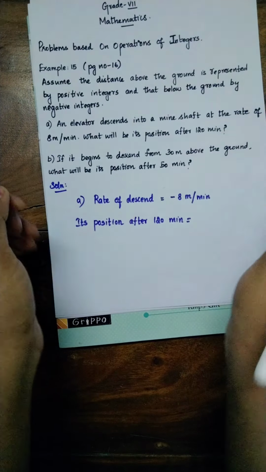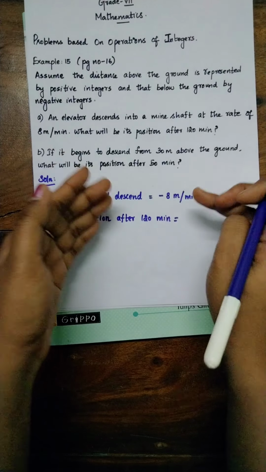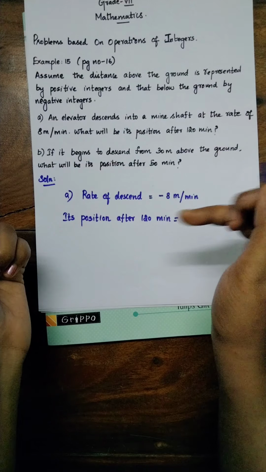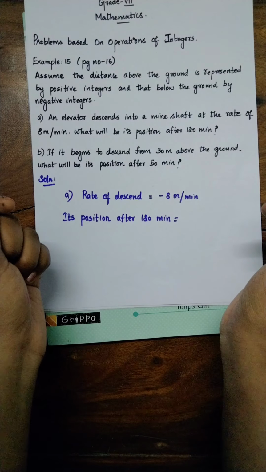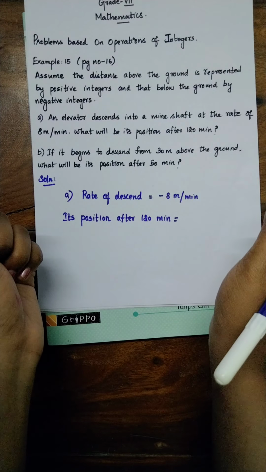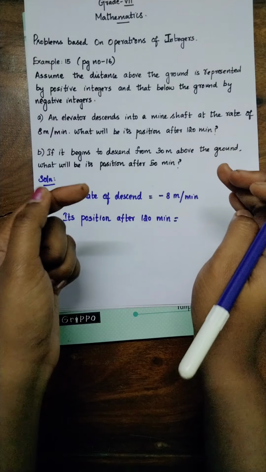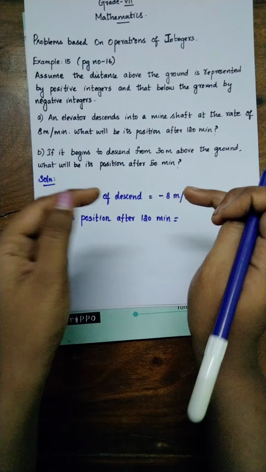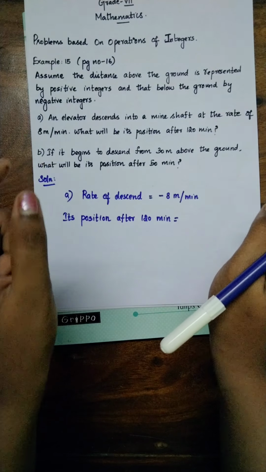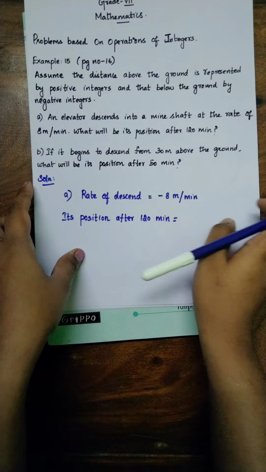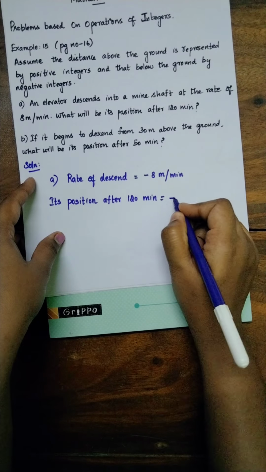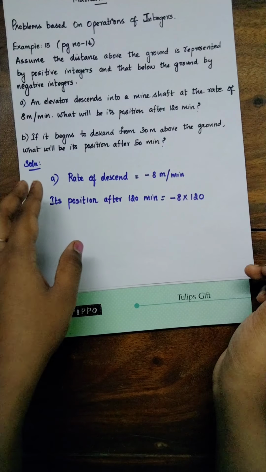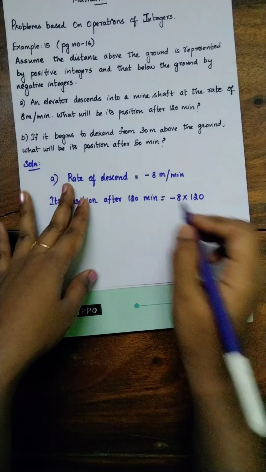We are going to find for 120 minutes. What will you do? We need to multiply. Yes, very good. So minus 8 into 120.